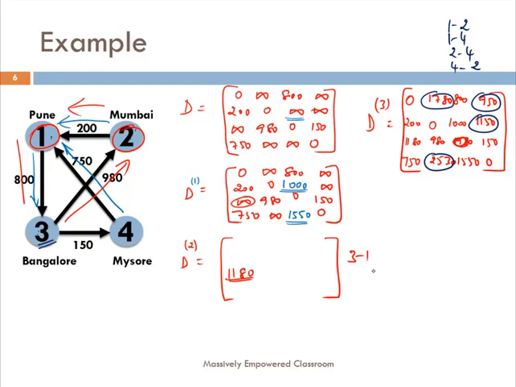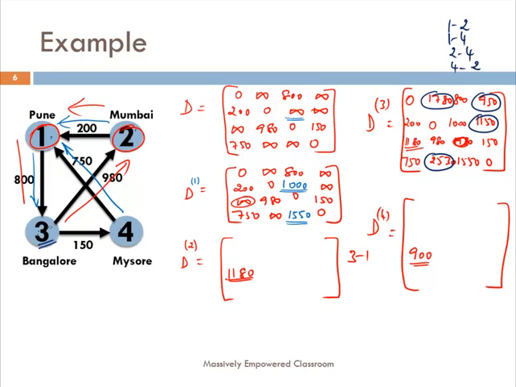But in the final iteration, d superscript 4, some of those values will change. What will happen is you will get new values for the path 3 to 1. So 3 to 1 will get reduced to 900 from 1180. Why does that happen?